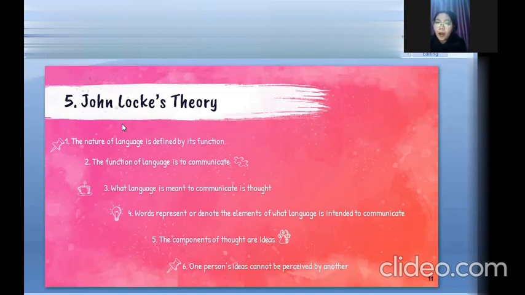For number 4, words represent or denote the elements of what language is intended to communicate.